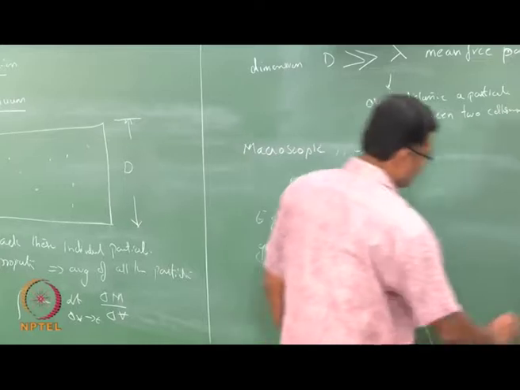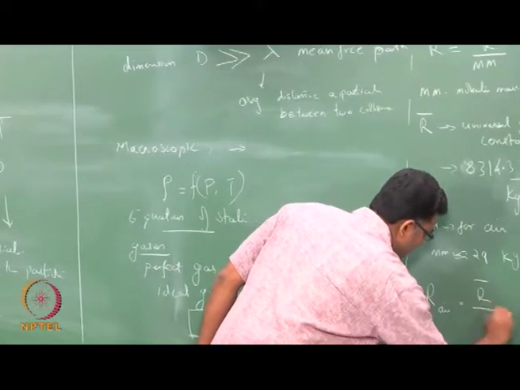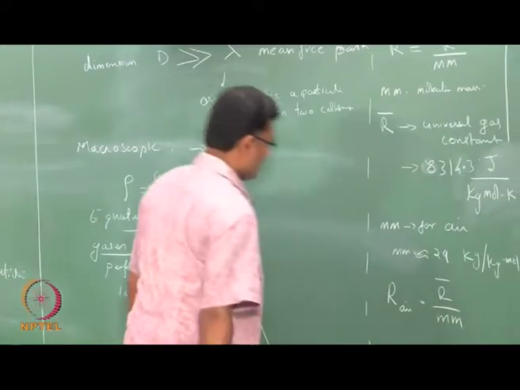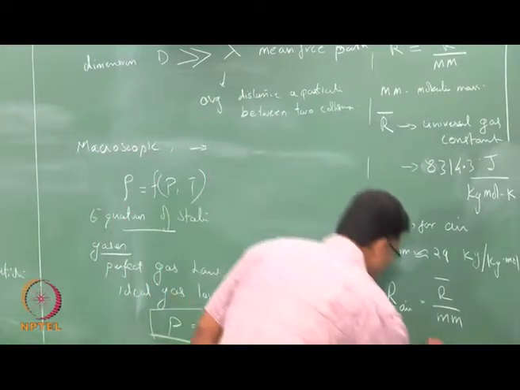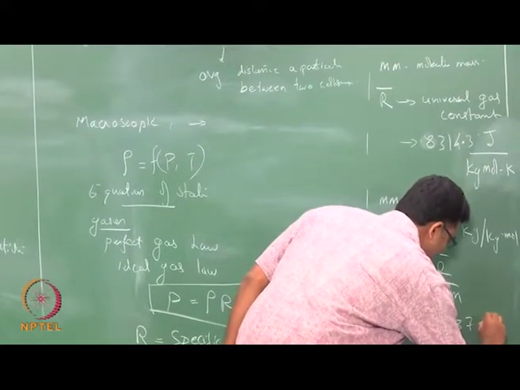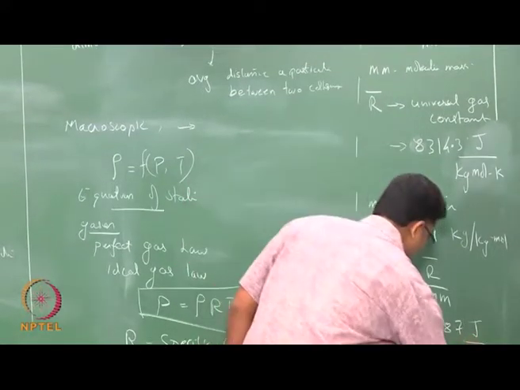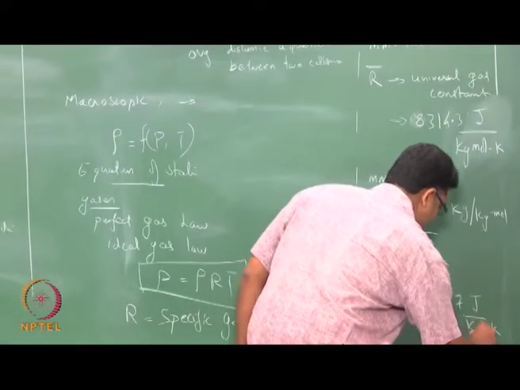So the value of R for air is going to be R bar divided by that, which is approximately 287 joule per kg Kelvin.